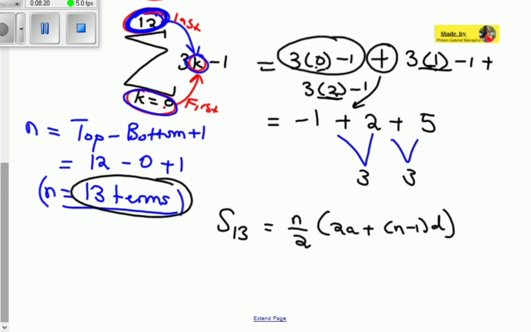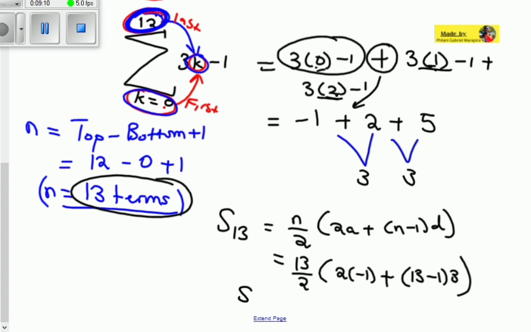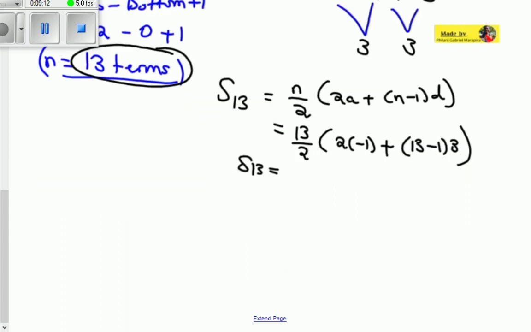So here we're going to substitute 13 over 2 multiplied by 2 times our first term, which is minus 1, plus n, your number of terms as well, 13 minus 1, times the difference, which is 3. Here you are just going to punch in everything in your calculator exactly as it is. The sum of the first 13 terms is equal to 221. So if we were to add all the 13 terms, we're just going to get 221.